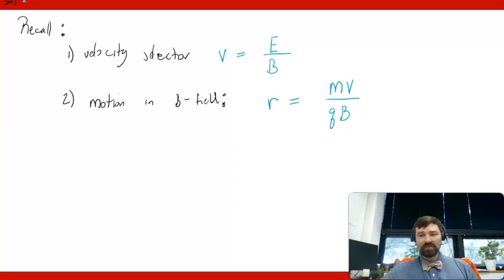Sometimes we would make this m times v perpendicular, the perpendicular component of the velocity to the field. For today's video, however, we're going to assume a perpendicular magnetic field.